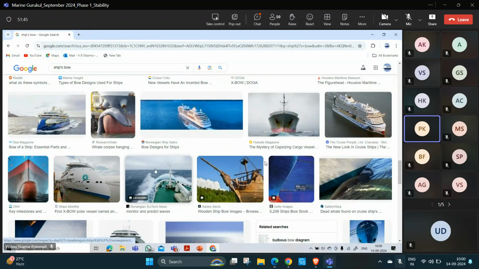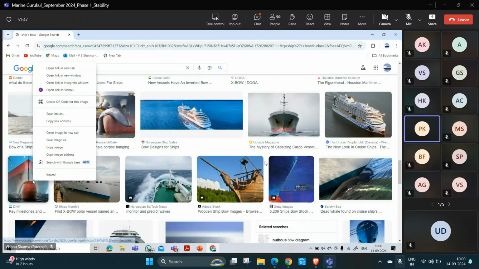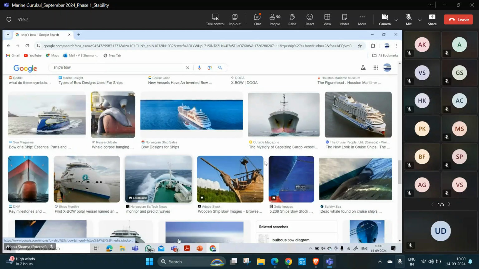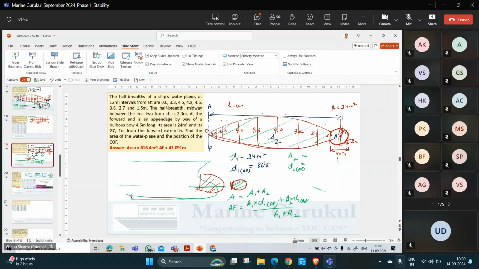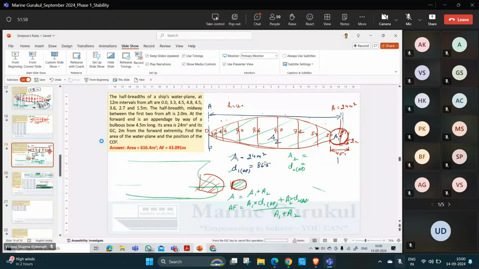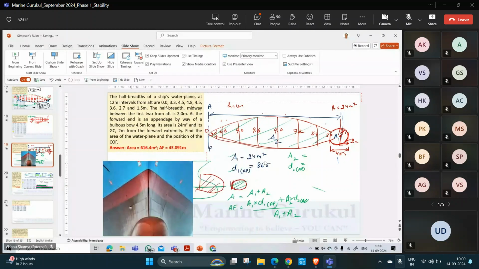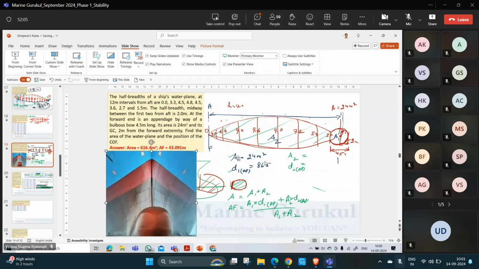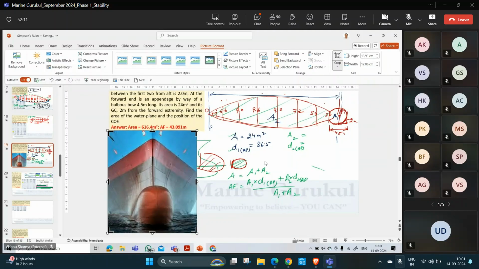A1 plus A2 is 616.4 meters square. Did you get this 616.4, beta?